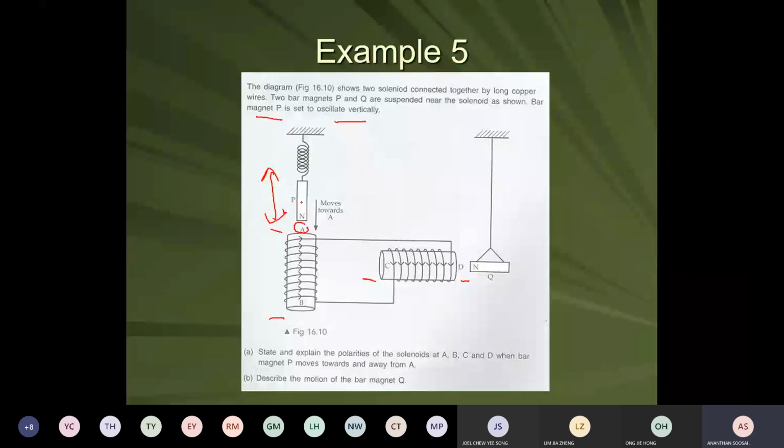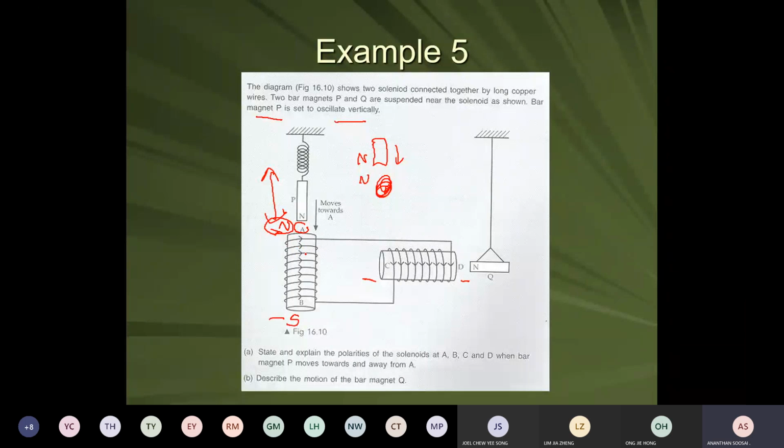Current will start to flow in such a way that the top is going to be north pole. So A is going to be a north pole because you need to repel. Because the magnet is going down, the coil makes a current flow because you want to oppose this movement. So it creates a north pole up here, the north is going to repel, so you can slow down the magnet movement. So A is north pole for sure. Because this is north pole, down here is going to be a south pole, of course.